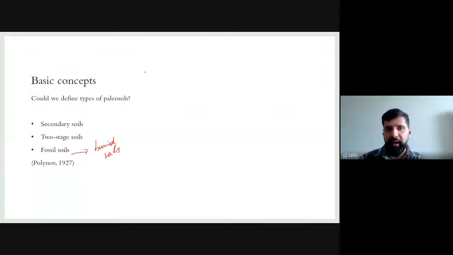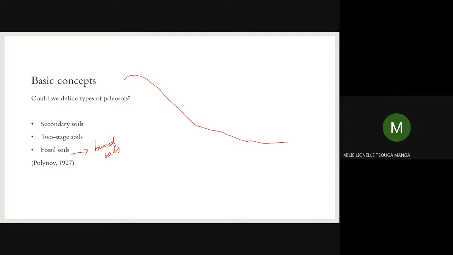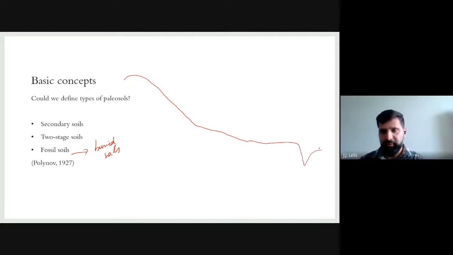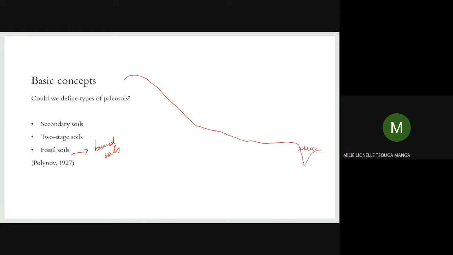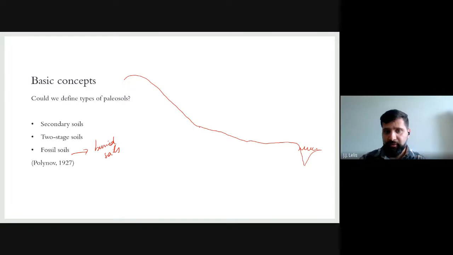So if I have topography like that, if I have a hill and a terrace and a river here, I can identify a soil here, and I can identify some horizons, like this is an A horizon, a B horizon.